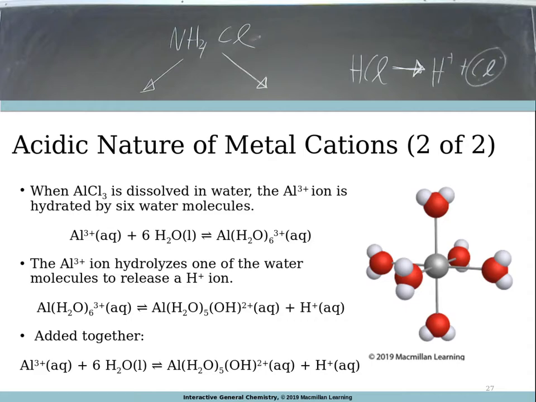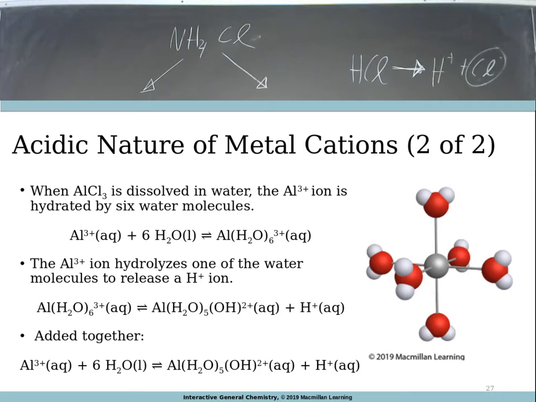And so it's a little bit tricky how metal cations can act as acids. But here we see aluminum 3+. When it is dissolved in water, it doesn't just get surrounded by water molecules in the sense of most cations where the water molecules just surround it but don't form bonds. The water molecules will actually form what are called dative bonds, and we'll cover these sorts of chemical interactions in a later chapter.